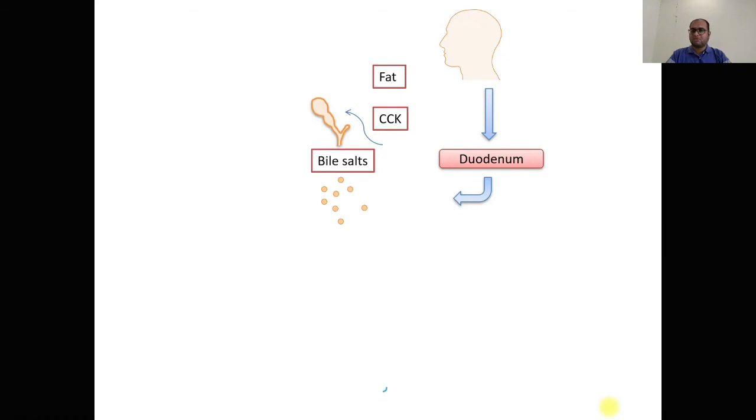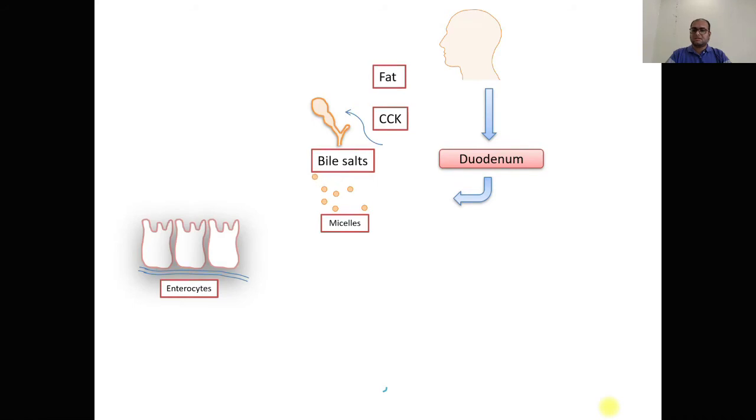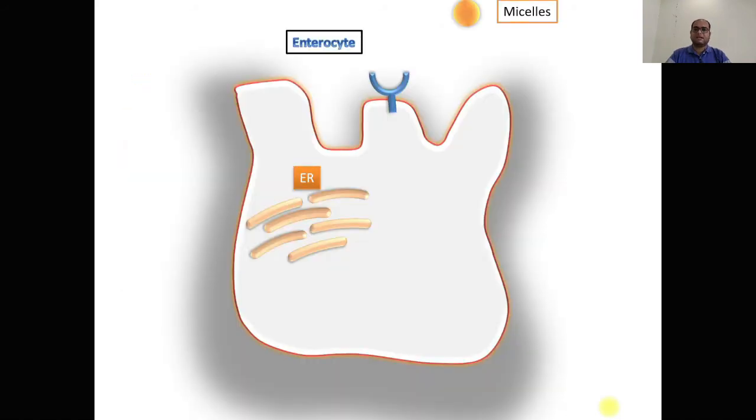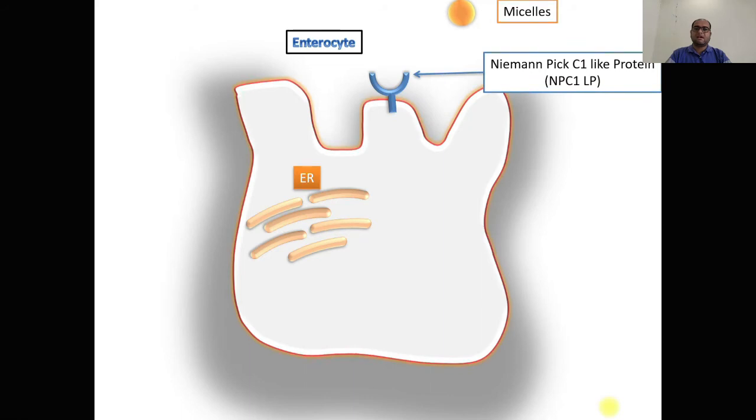Now, how this micellar form gets absorbed is very interesting. It reaches the intestinal wall enterocyte, and from here ACAT is going to get activated and chylomicron is going to get generated. Now, how is this chylomicron generated? In the enterocyte there is NPC1L1, Niemann-Pick C1 like protein, where micelles will get attached and be internalized.